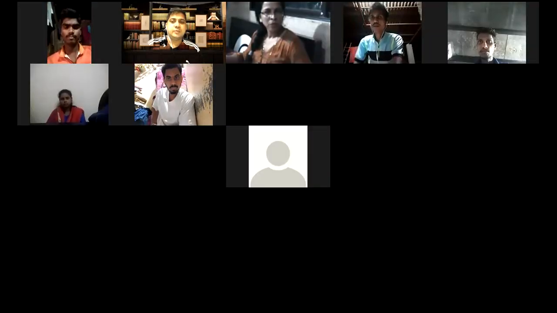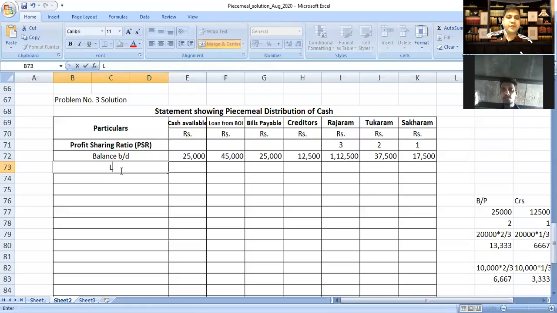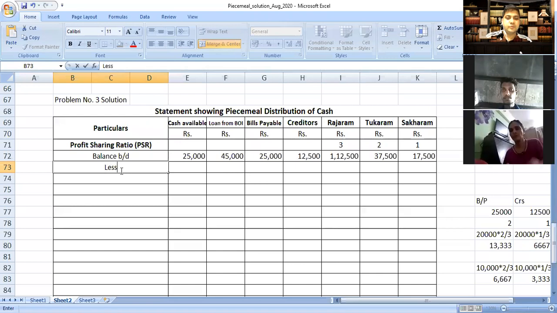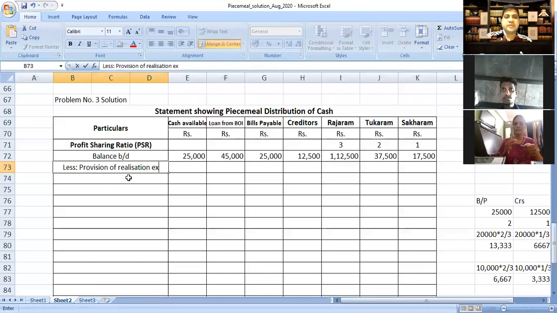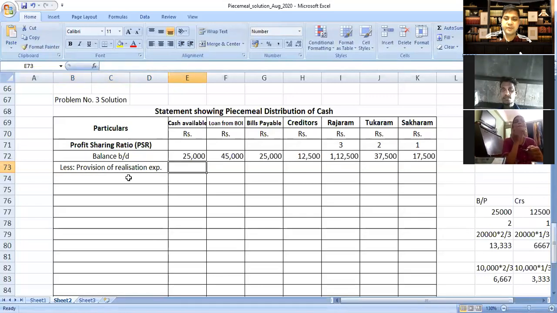Now we have 25,000. From this 25,000, we will put a provision of realization expenses. How much amount will we keep? 10,000. That 10,000 amount we will keep.